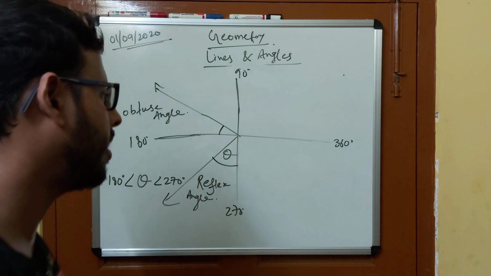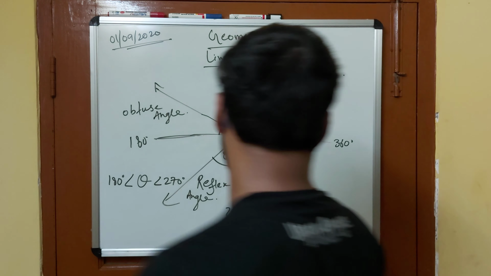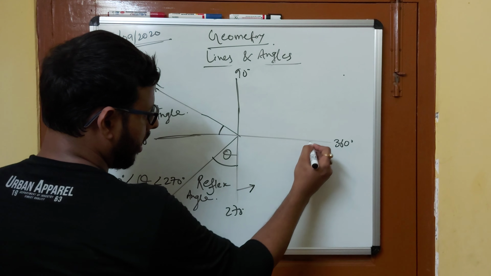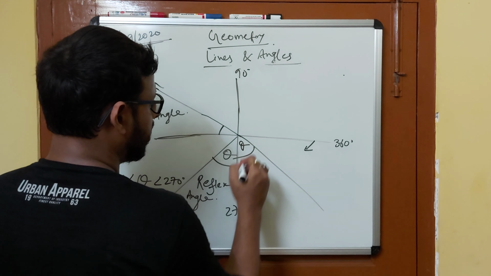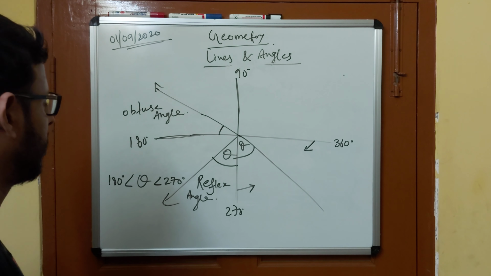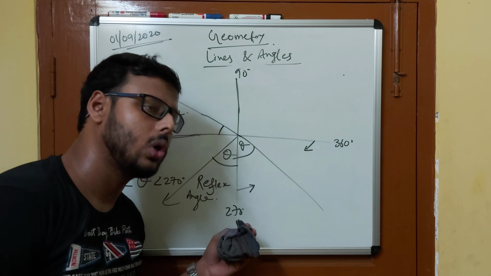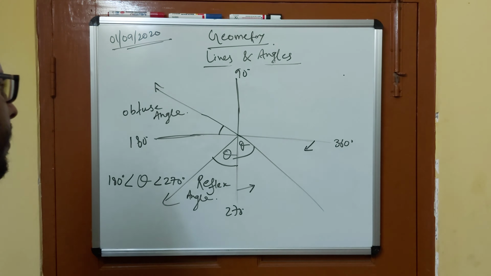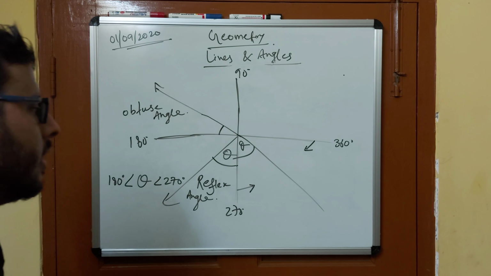Fine. Now similarly, if an angle is greater than 270 degree but less than 360 degree, let's say this is the angle theta. Then what will we call this angle? Look, it's greater than 270 degree but less than 360 degree.